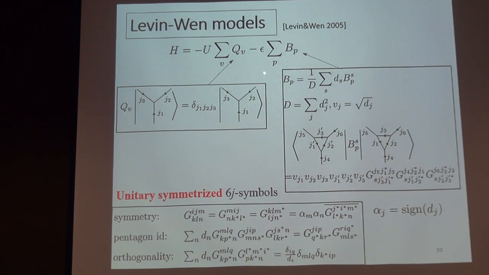Then the Hamiltonian can be defined in terms of these data. It involves a lot of tensors, but the basic properties from the Z2 model survive. For example, the Q and B are mutually commuting with each other, and they are projection operators.